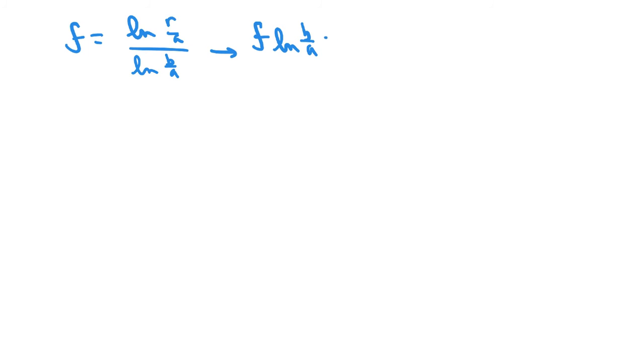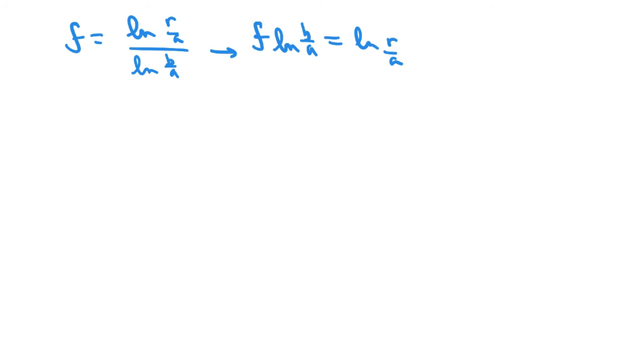The other, less quick, less dirty way of doing this is to solve it analytically, going back to the fact that our desired fraction is natural log r over a over natural log b over a. We can just exponentiate and get an analytic result. So we have the fraction times the natural log b over a is the natural log r over a.